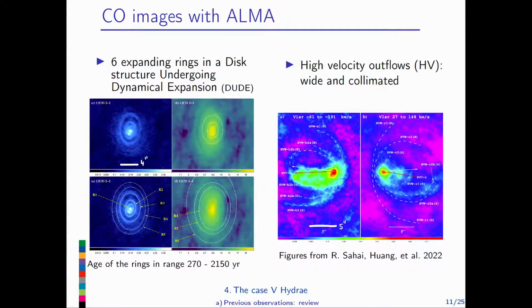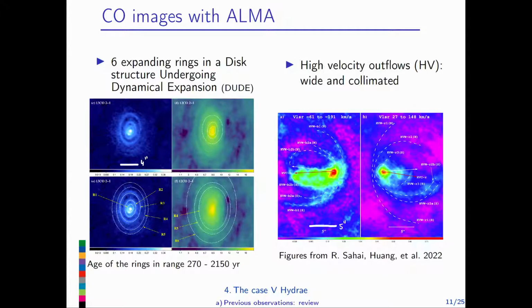We can see two kinds of outflow: a really collimated outflow, the red point here with the green filament, and also a wide outflow, shown here with the dashed parabolic shape. So a wide outflow here, and a wide outflow also in the redshifted part.